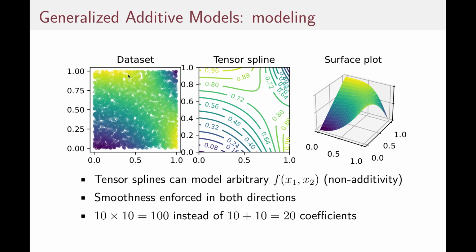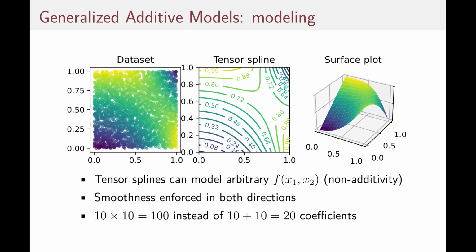So you can't model this with a plane. There's no plane you can fit that would be above this data set and capture it. And not only can you not model it with a plane, as you would have to in ridge, you can't model this with an additive function either.